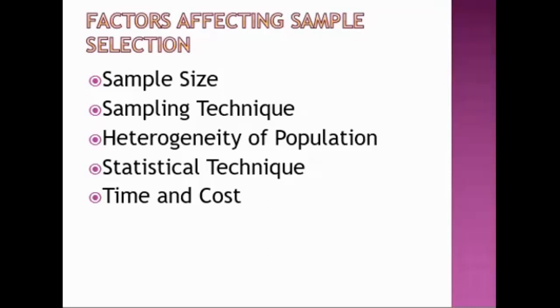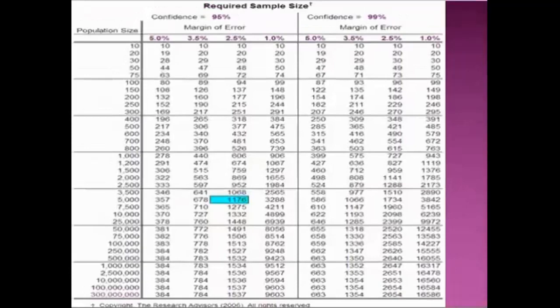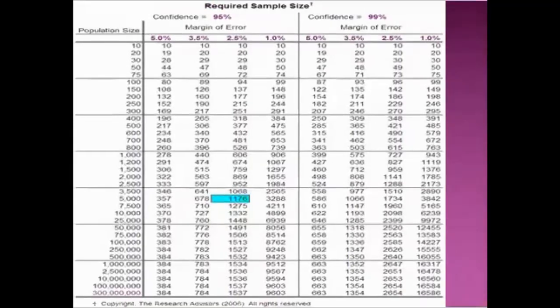For the sample size table, so we have here the required sample size table from the research advisors. We have population size dito sa gilid, and we have 2 columns.